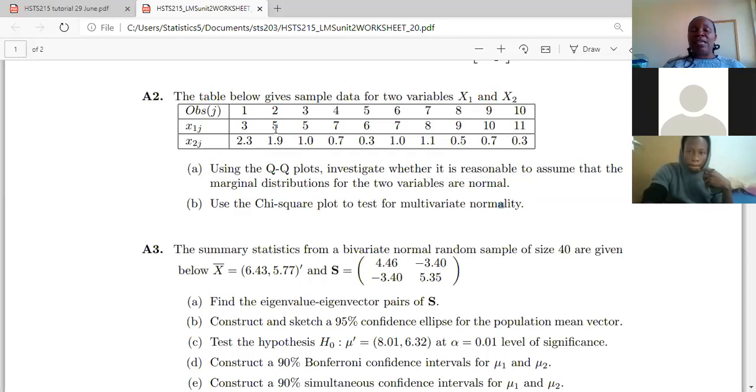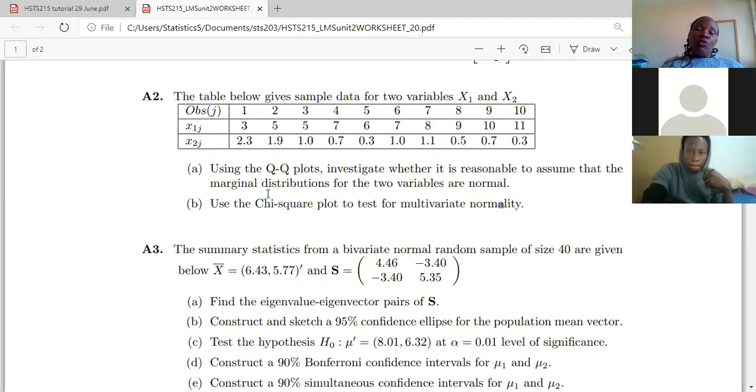We will be happy if all the variables follow a univariate normal distribution, but it's not a direct implication that if each variable follows a univariate normal, then jointly they follow a multivariate normal. But the other way around is true. If you have a multivariate normal distribution, that automatically implies that x1 and x2, each of the components, follow a univariate normal distribution.